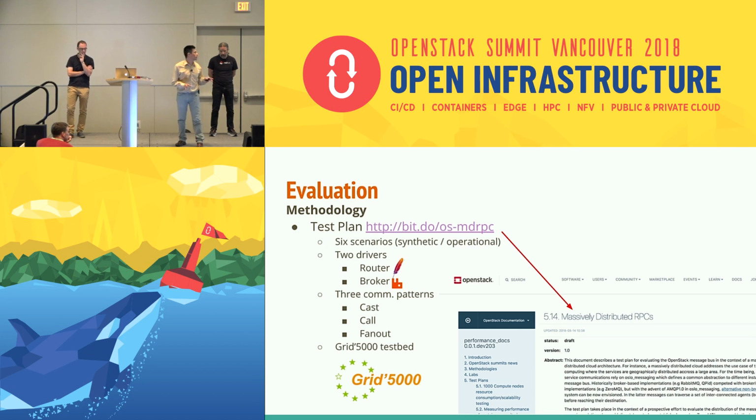We have defined 6 scenarios, synthetic and operational, to evaluate 2 drivers, the router and the RabbitMQ broker. We focus on the 3 common patterns: cast, call, and fan out. All the evaluation was performed on the Grid'5000 testbed, which is a research facility in France.